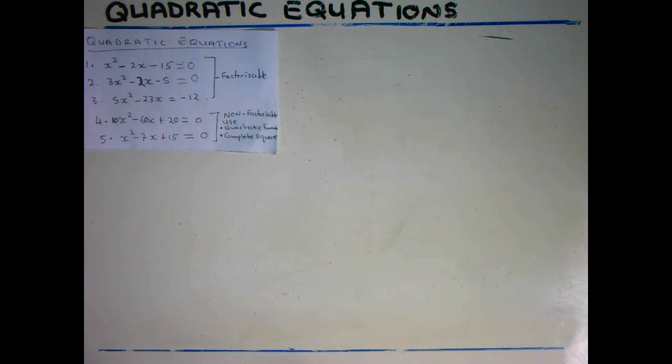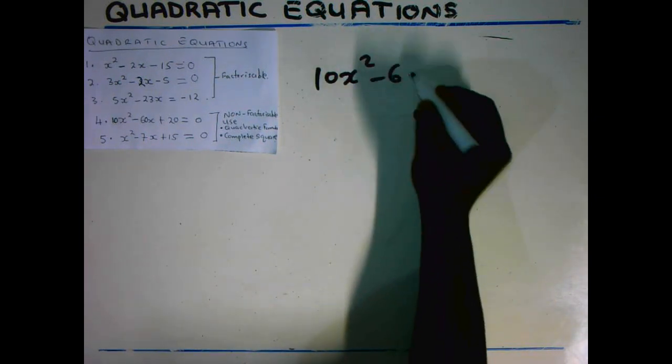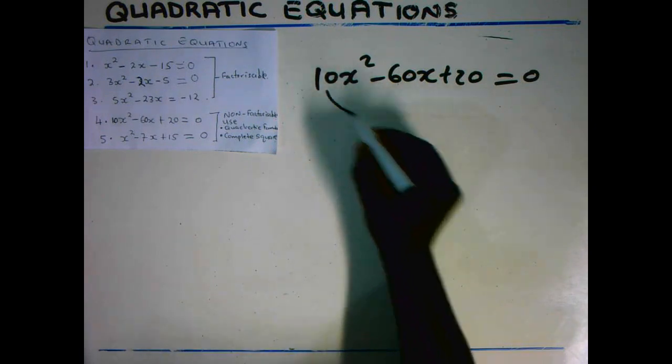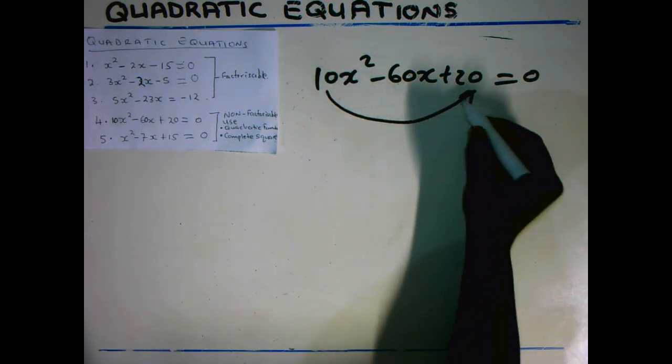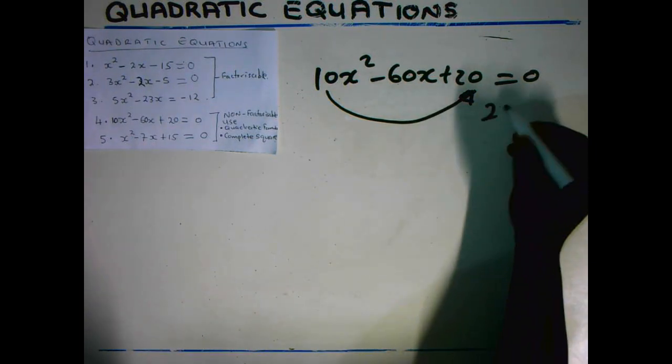Number 4 is not factorizable. Why am I saying so? Look at this. If we write 10x squared minus 60x plus 20 is equal to 0, using the same approach, if we try to factorize, it means we have to multiply 10 by 20 to get 200.